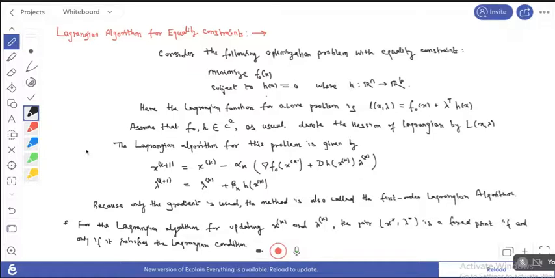Okay, so in the next page we define the Lagrangian algorithm for inequality constraints.